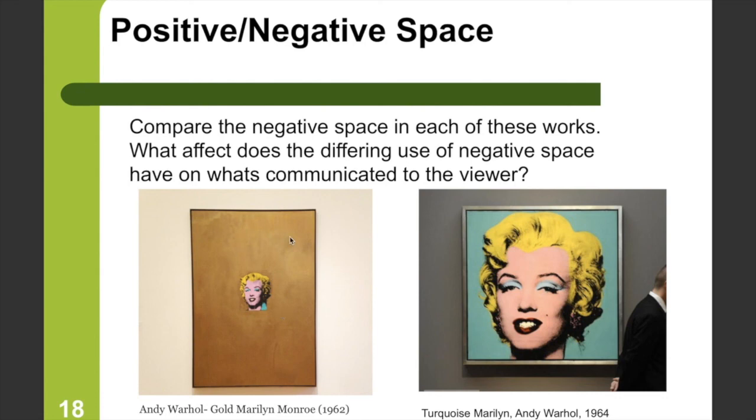What difference does this create? I would say that having a smaller negative space relative to the positive space makes Marilyn seem more important, more prominent, larger than life. She's vying for our attention in this. Whereas having a large negative space with a smaller Marilyn makes her feel a little more distant, a little quieter, and a little less significant.